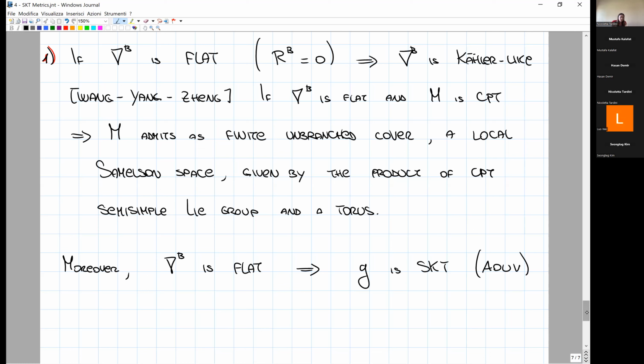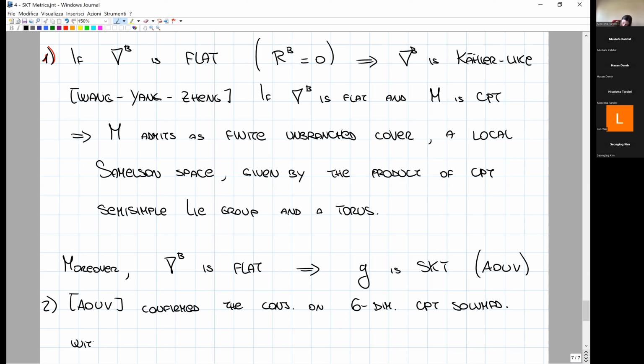And moreover, actually, they confirmed this conjecture. So again, Angella, Otal, Ugarte, Villacampa confirmed the conjecture on 6-dimensional compact manifolds with holomorphically trivial canonical bundle.